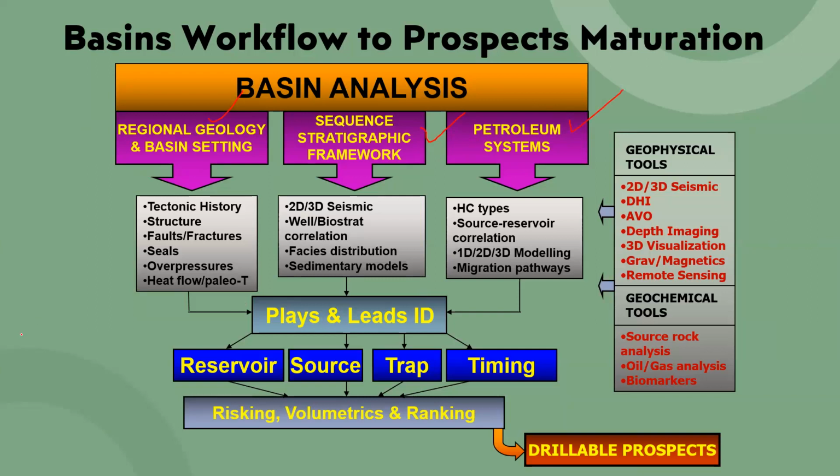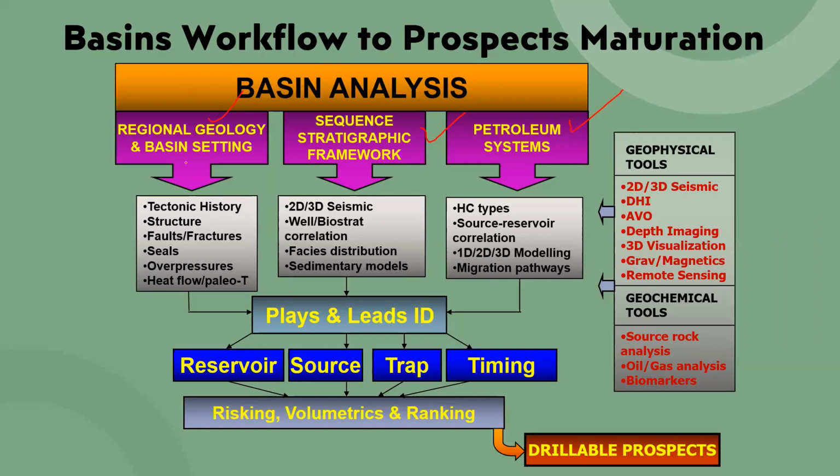So these mainly belong to basin analysis. When you are a geophysicist working in the industry, mostly you are aware of these things, but if you are new, then you have to know what is your part and what is the other part, like what geologists, geophysicists, and geoscientists are doing in the basin analysis and then in the prospect maturation.